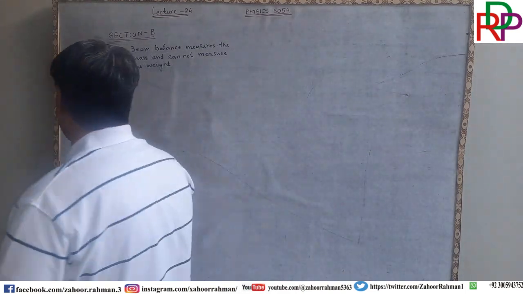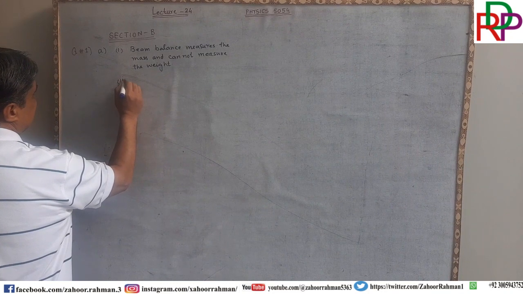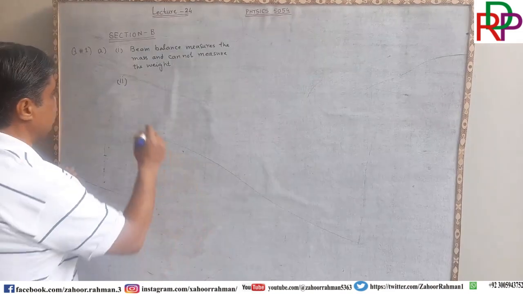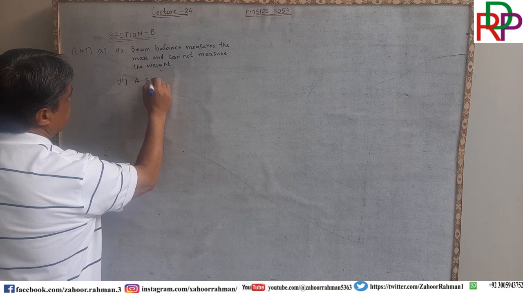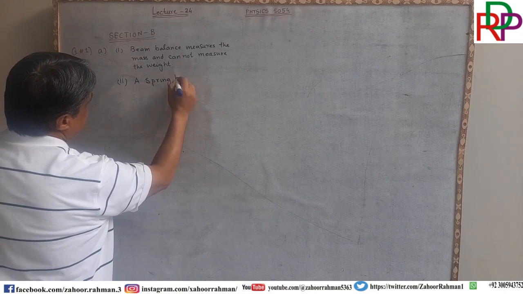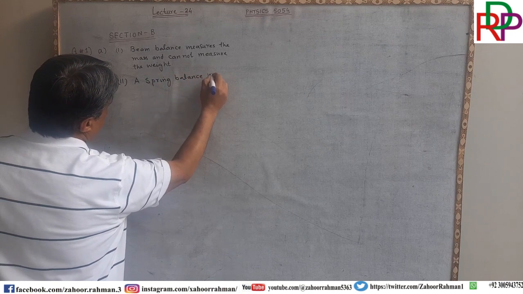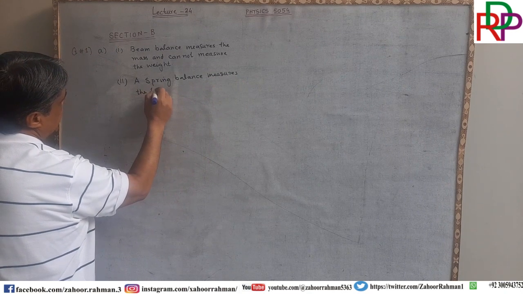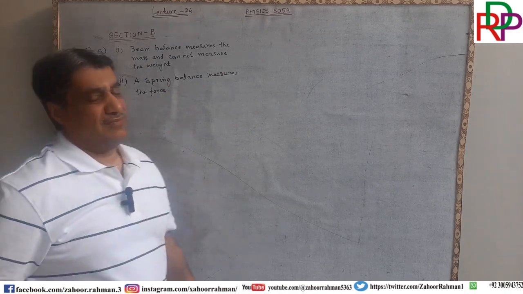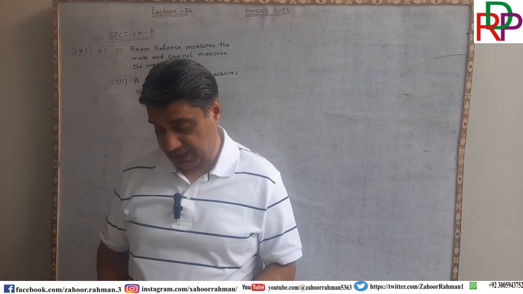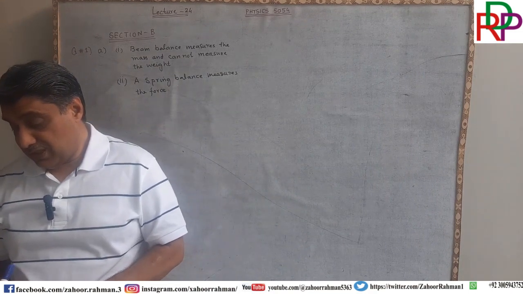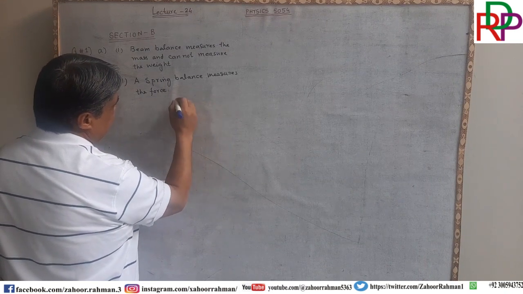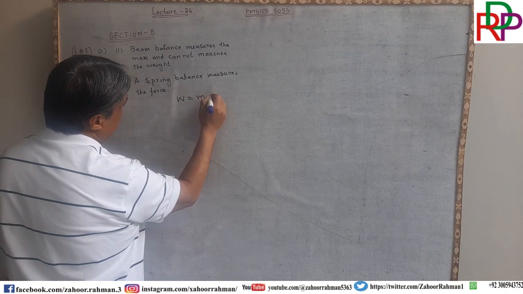Now in the second part, a spring balance measures the force, which might be a weight as well. So F is equal to ma, W is equal to mg.